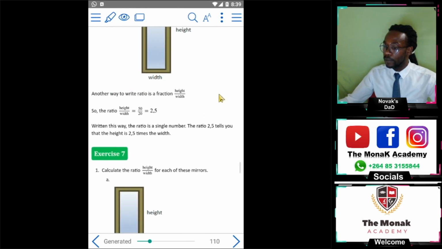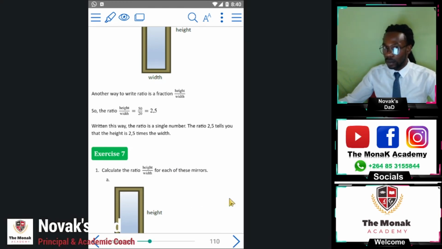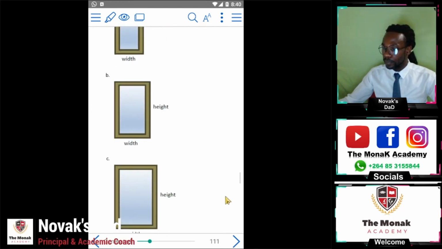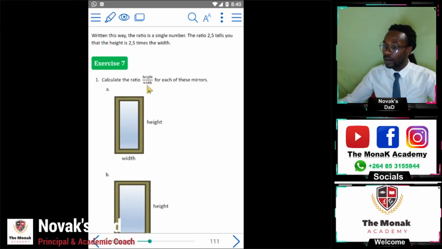We've already covered part of writing a ratio as a single number, when we were talking about how to say whether you get 5 times as much as the other, or something like that. So let's see. Calculate the ratio height over width for each of the mirrors.